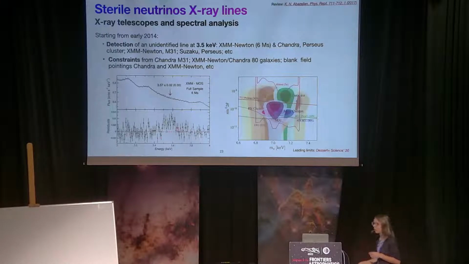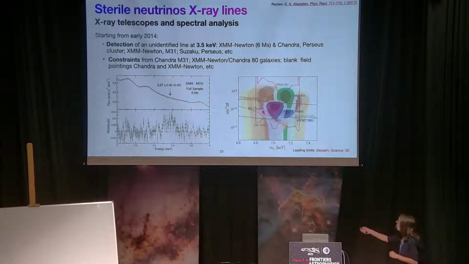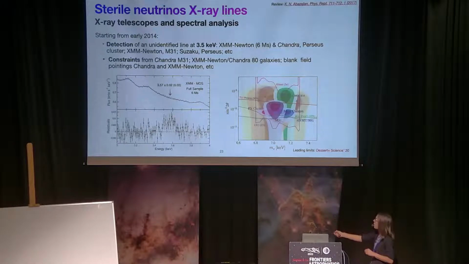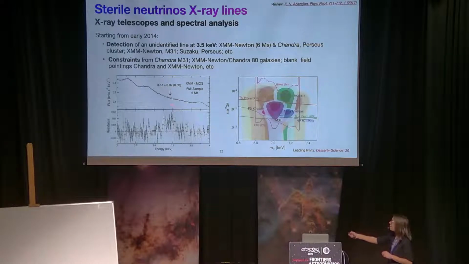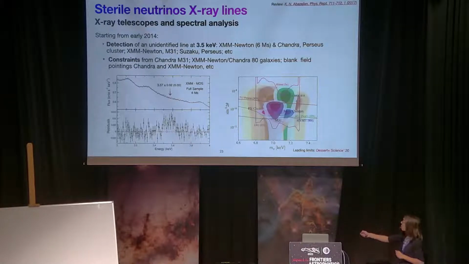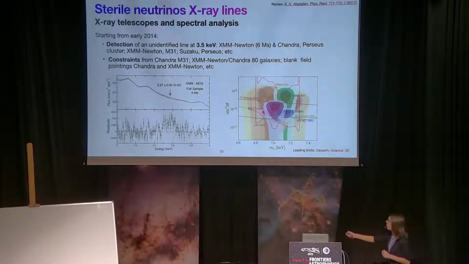This is what occurred starting from 2014, with data from XMM and Chandra, where there was some excess power at 3.5 keV detected from different targets and by different groups. Whenever you have an excess, you can try to fit it with a Gaussian line, and people found that a Gaussian line was actually resolving this issue, giving a better fit.